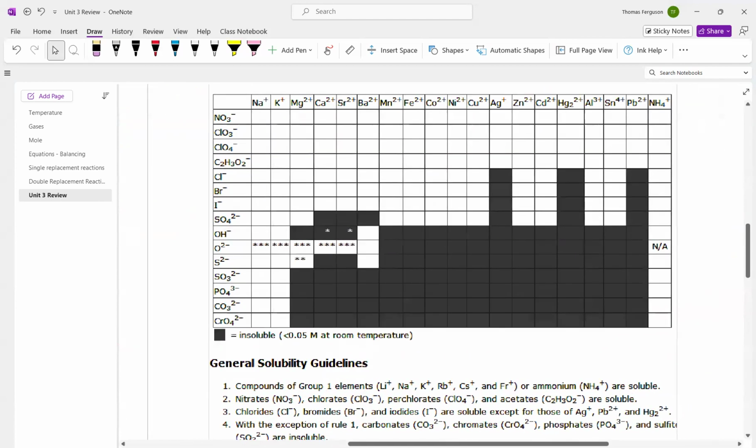And we're looking for lead on the top. Okay, here is lead right over here. Okay, we're going to go down to chloride, and it's black.